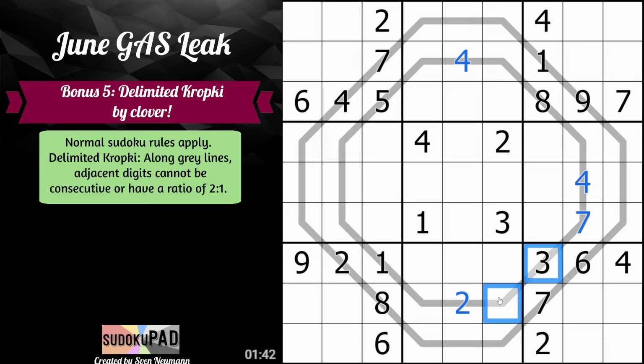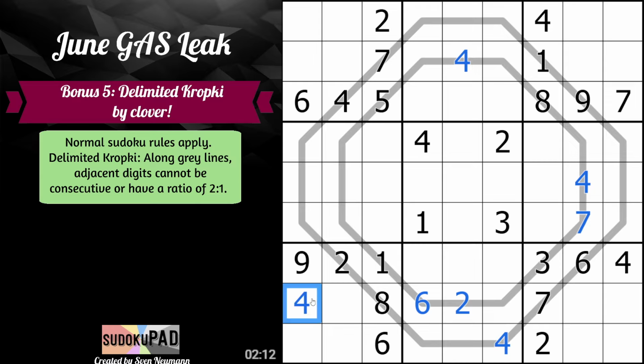Then 6 can't be next to 3 because 3 to 6 is a 1 to 2 ratio. 3 times 2 is 6, so this must be 6 here. And then 1 certainly has to go in one of these two cells, but can we do better? Not immediately. We can't place 4 though. 4 has to go in one of these two cells. 4 can't go next to 2 or 3, because of the 1 to 2 ratio and consecutive.